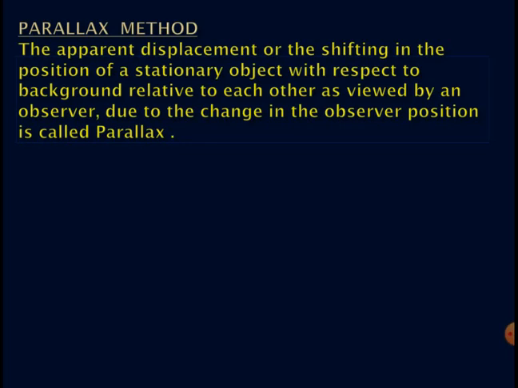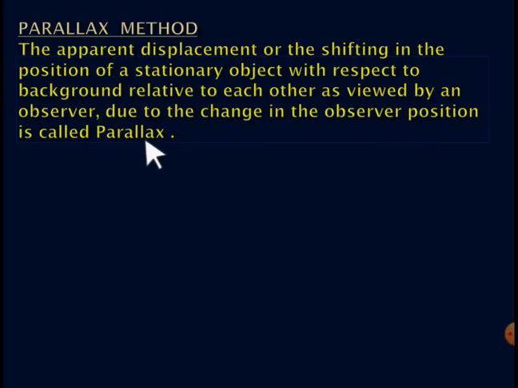So that relative displacement, or apparent displacement, the shifting in the position of a stationary object with respect to the background, as viewed by an observer due to the change in the observed position, is called parallax.